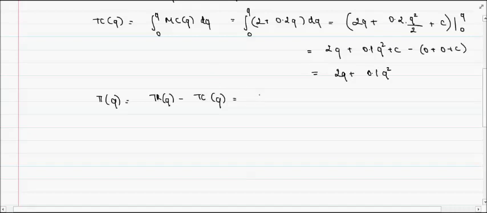So it's the integral from 0 to q of the marginal revenue minus the integral from 0 to q of the marginal cost.